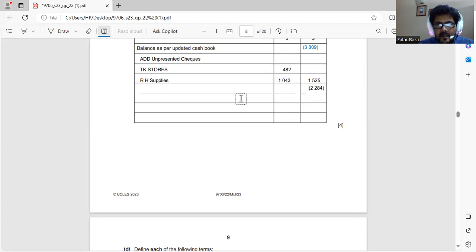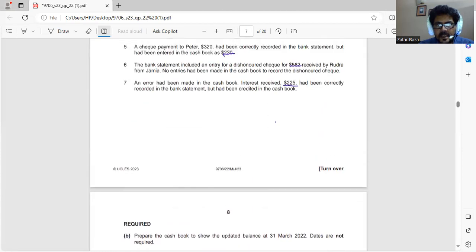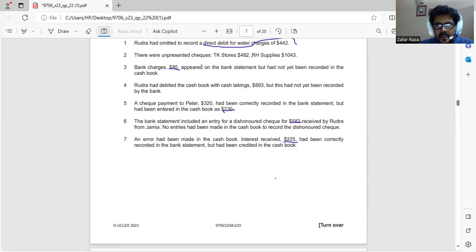Then we have to less uncredited deposits. How much is uncredited deposits? I think it's 893, if I don't forget. 893.